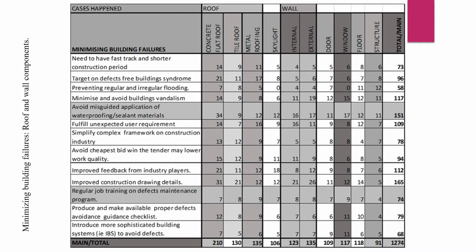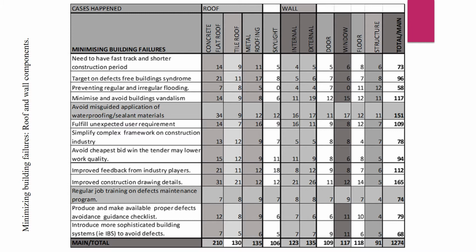For the next table, we have 13 categories of the roof and wall building components: the concrete flat roof, CFR, tile roof, metal roofing, skylight, and the walls, with components like internal wall, external wall, door, window, floor, and the substructure.